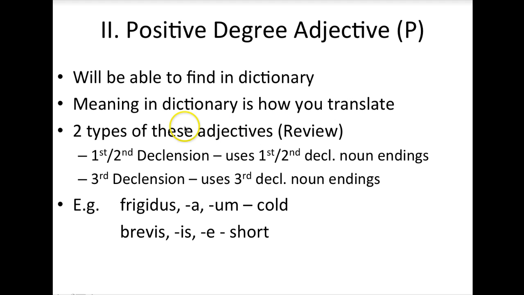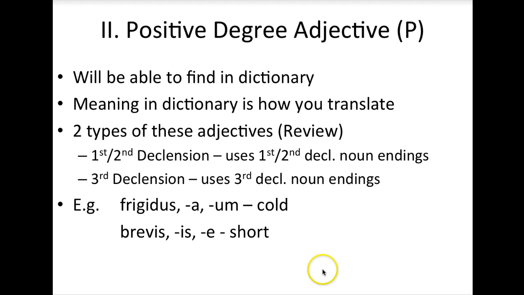And this part here is just a tiny review. You have 2 types of positive degree adjectives: first, second declension, and third declension. You talked about these in Latin 1 too. First, second declension adjectives use first and second declension noun endings. That seems logical. Just like third declension adjectives use third declension noun endings. Also logical.